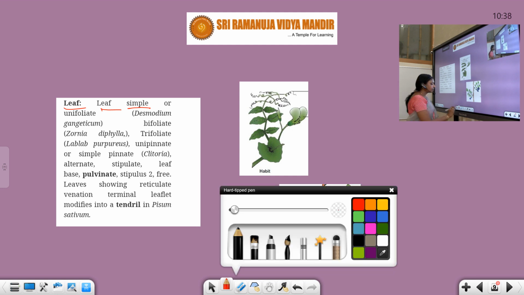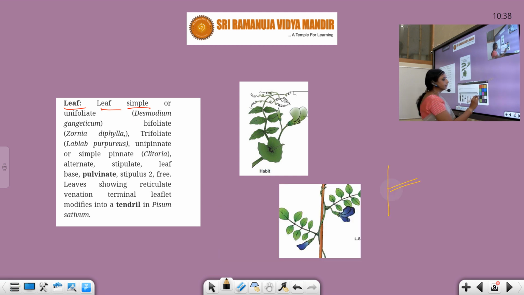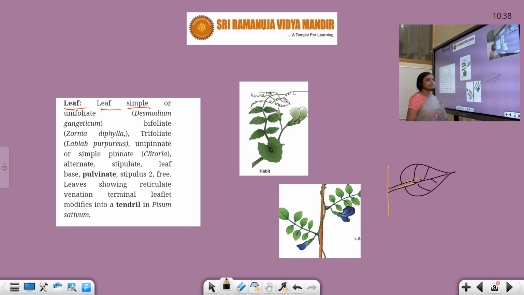Simple means when a petiole has a single lamina, that type is called simple. Incisions may be there, but when the incisions are not touching the midrib and on the petiole only one lamina is present, that is called a simple type of leaf.